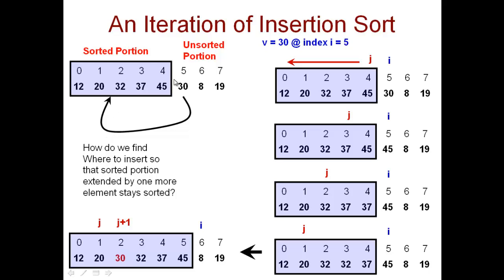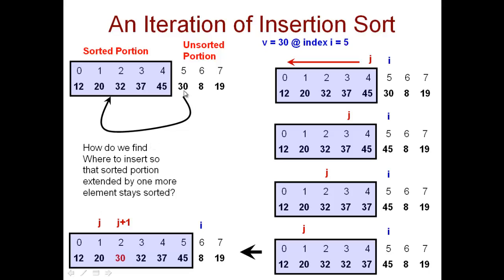That can happen only if 30 is inserted in between 20 and 32 here, so that the sorted portion will look like this: 12 followed by 20, 30, 32, and then 37, 45, and the unsorted portion is 8 and 9. Okay, so how do we accomplish this?